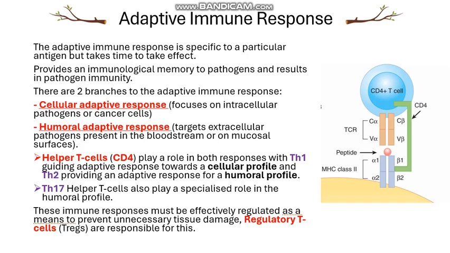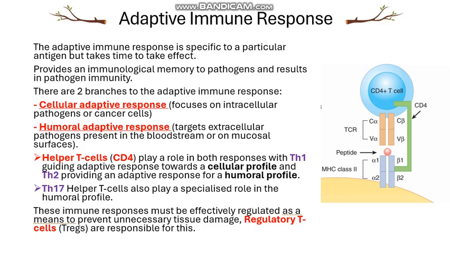The two branches of the adaptive immune response are the cellular adaptive response and the humoral adaptive response. The cellular adaptive response focuses on intracellular pathogens or cancer cells, and the humoral adaptive response targets extracellular pathogens present in the bloodstream or on mucosal surfaces.